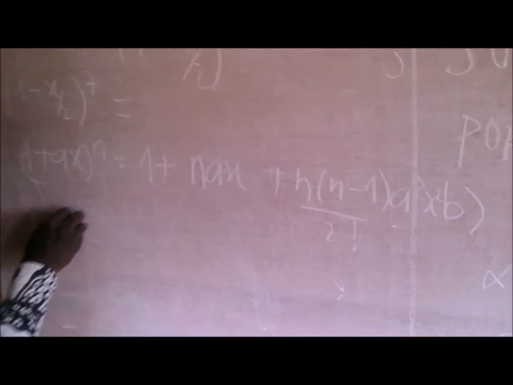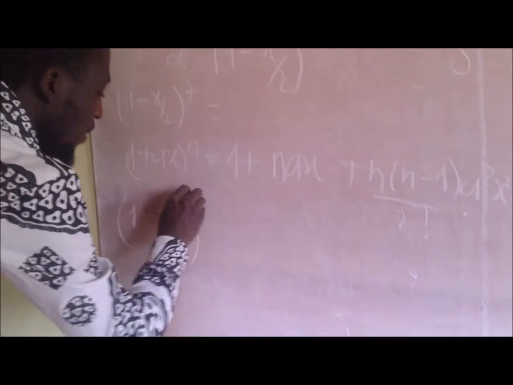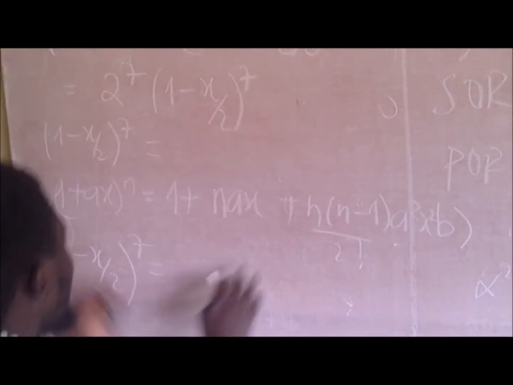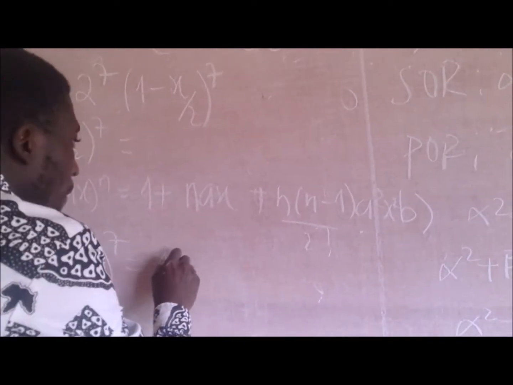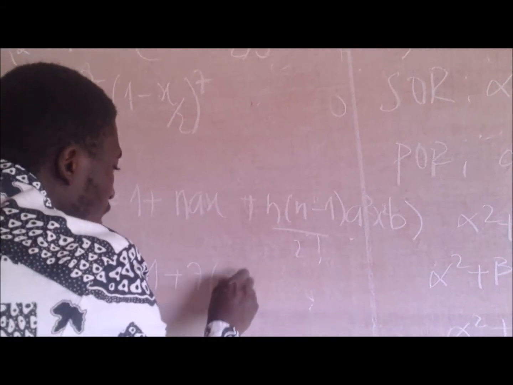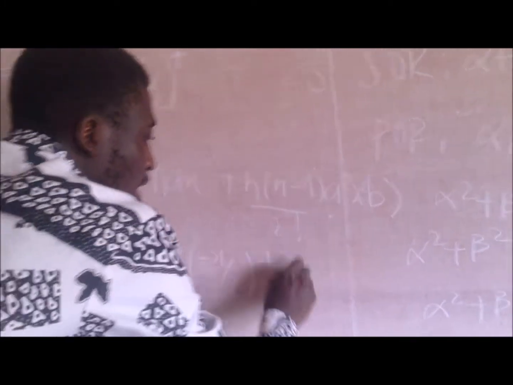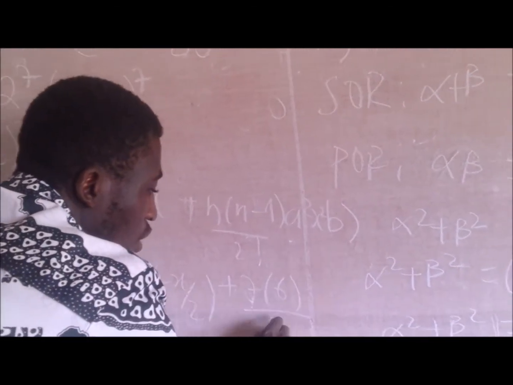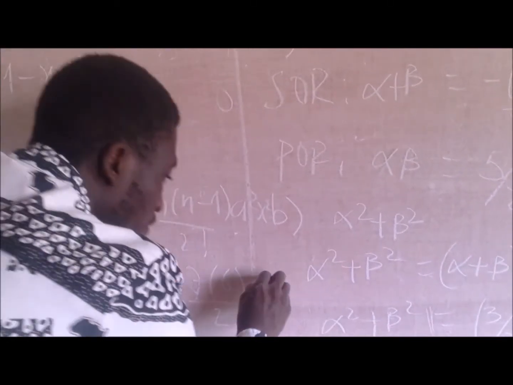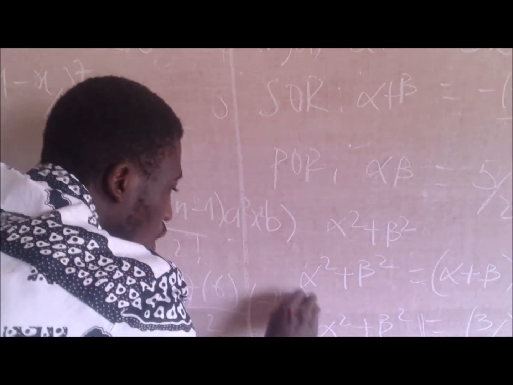So we're going to do the same here. 1 minus x on 2 to the power 7 is the same as 1 plus 7 into negative x on 2 plus 7 into 6 on 2 factorial, which is 2, and then negative x on 2 all squared.